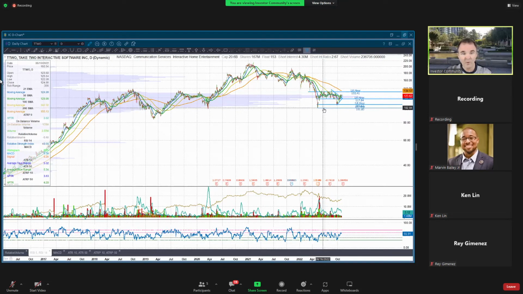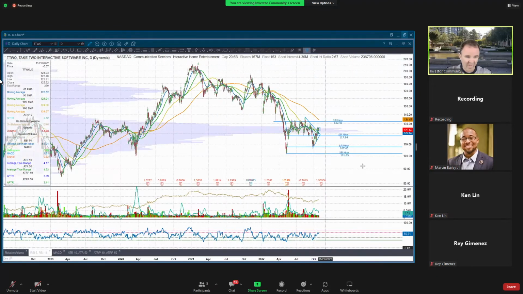We've got that support level there that goes all the way back, and the stronger support down here below.